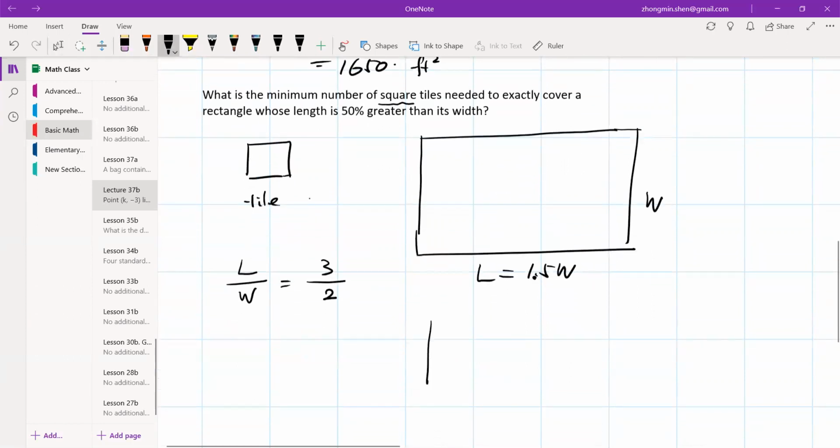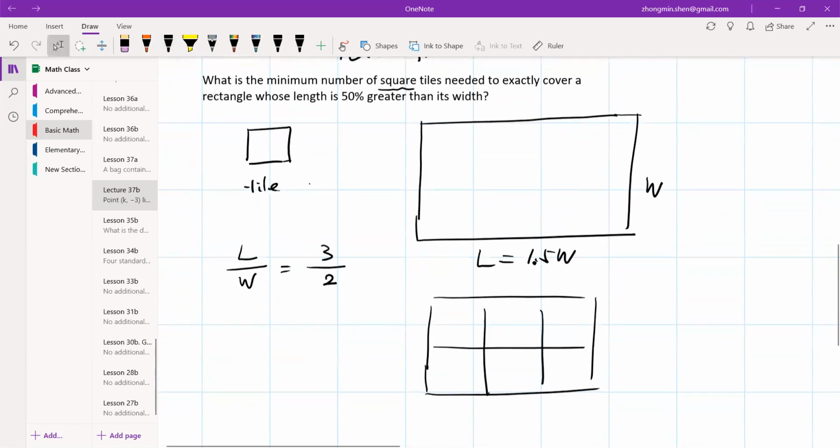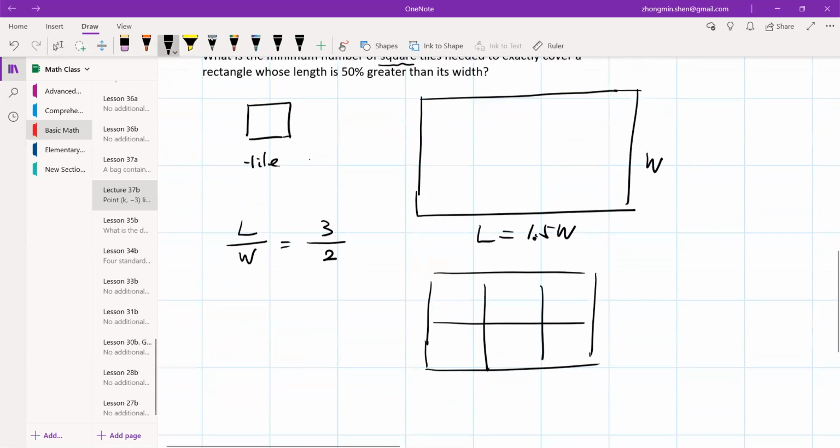Okay, this is probably the smallest. You cannot have 1 tile on one side and 1.5 on the other, right? The tile is not going to be cut. We have to use complete square tiles to cover the whole area. So this is the smallest possible rectangle you're going to get.